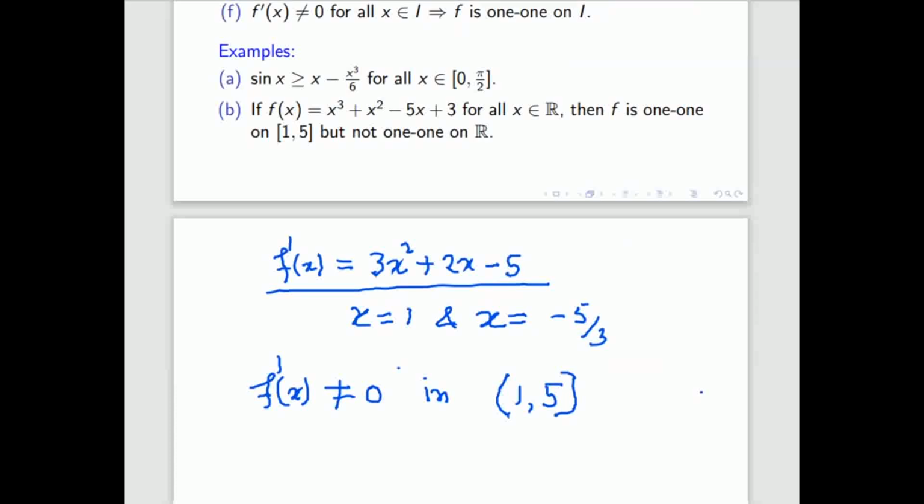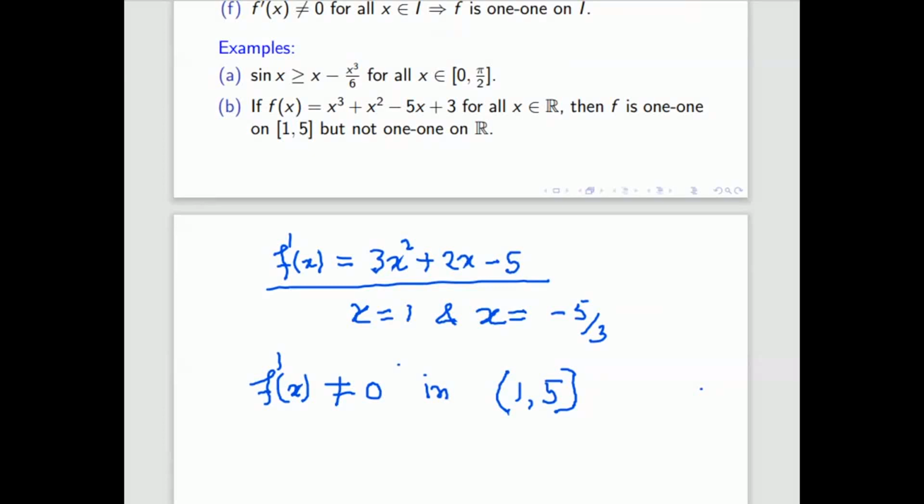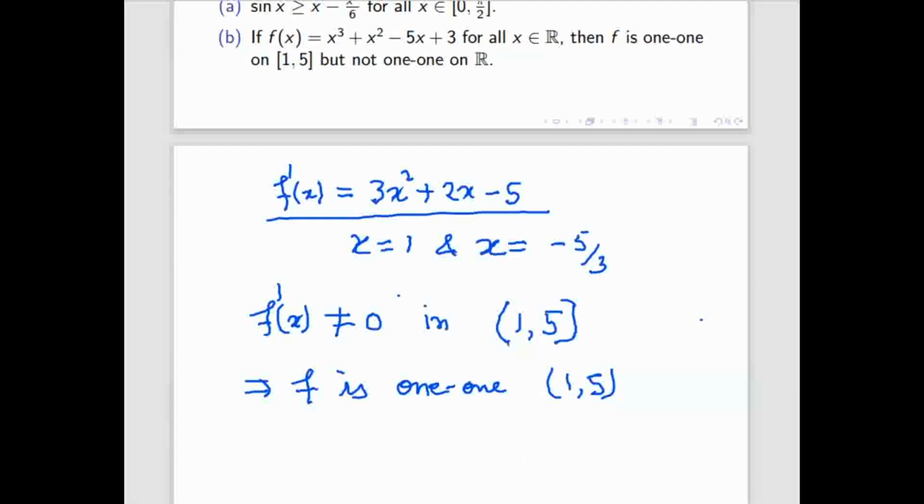So this implies that f is one-one in this interval, because if you choose 2 points f of x1 and f of x2 equal, then x1 will also equal x2, and that will automatically imply that it is one-one in the closed interval also, because at one point whatever value will be there will not match with any other value.